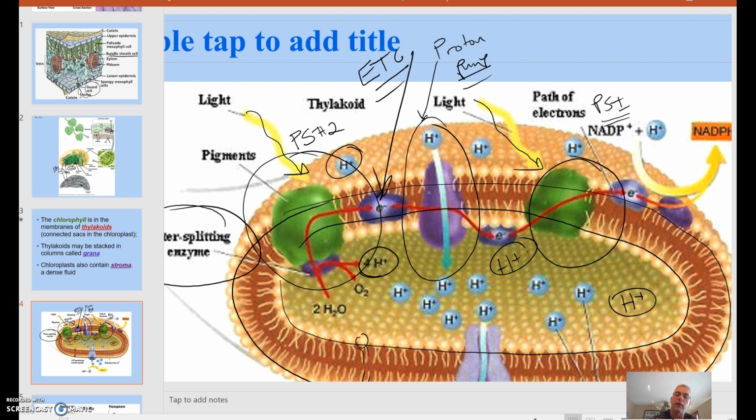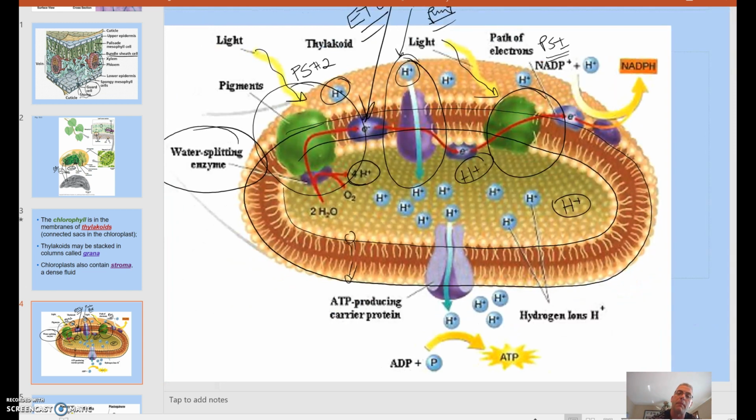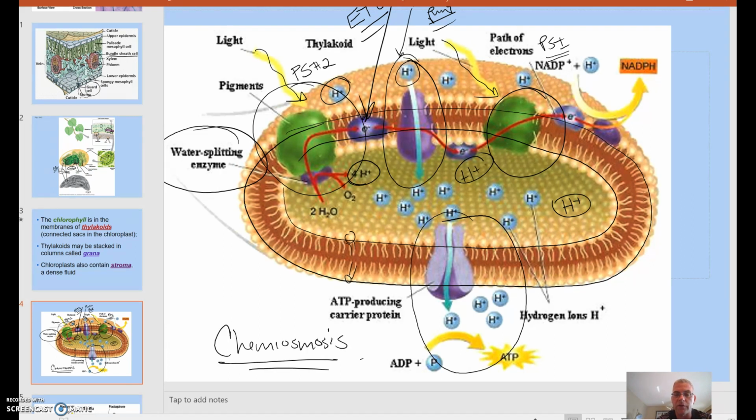The exergonic flow of energy is going to be coupled to pump hydrogen to build this large gradient of hydrogen inside of here. And then, much like what we discovered in cellular respiration, we have a process known as chemiosmosis. When you think about chemiosmosis, what's happening here is an accumulation of hydrogen ions at a very high level.